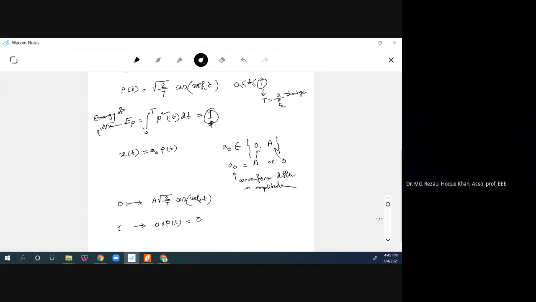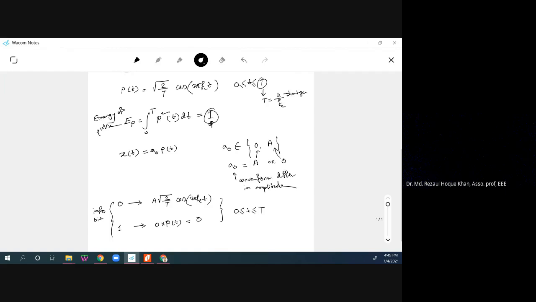Of course, for both cases, this is the condition. So these two are information bit 0 and information bit 1.